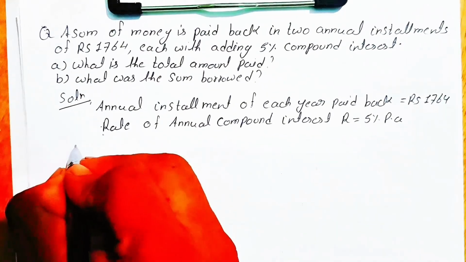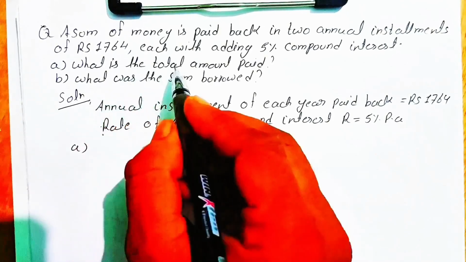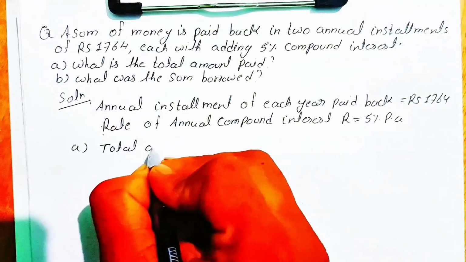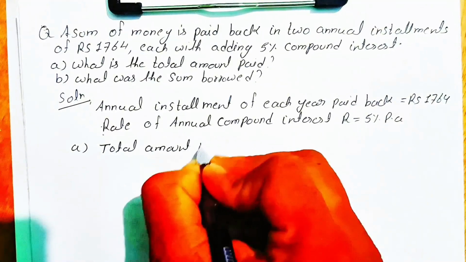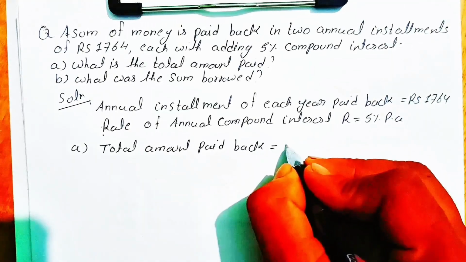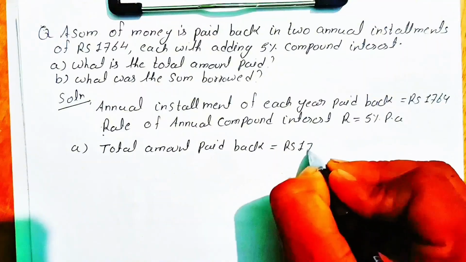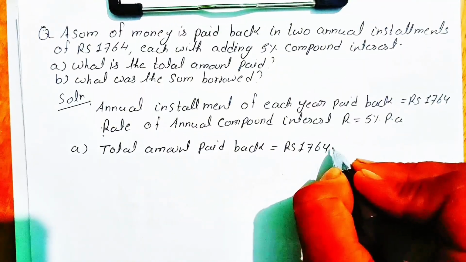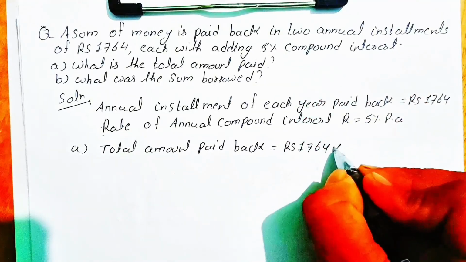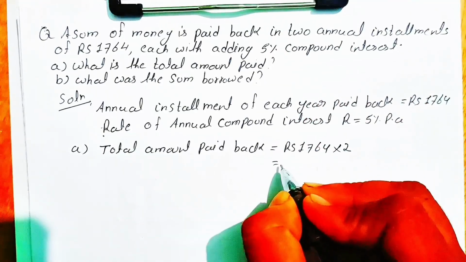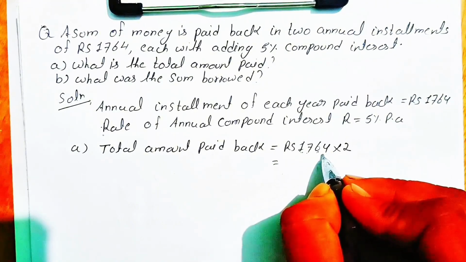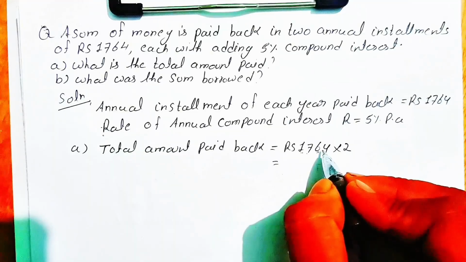In section A, it is asking for the total amount paid back. The total amount paid back is equal to Rs1764 times the number of installments, which is 2, so we simply multiply by 2, because 1764 is paid back in each year, twice.